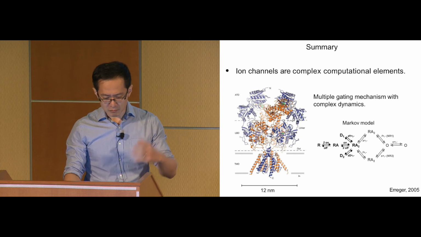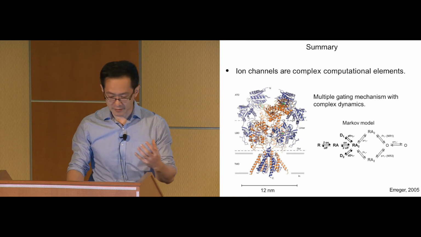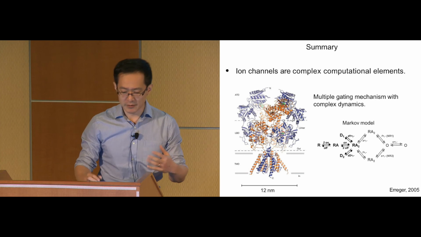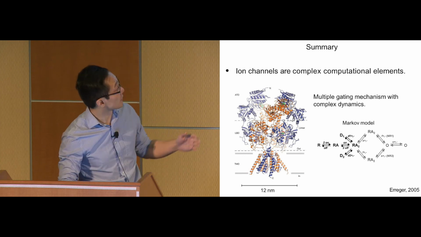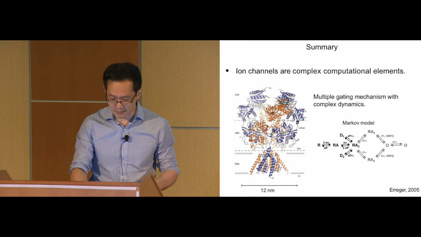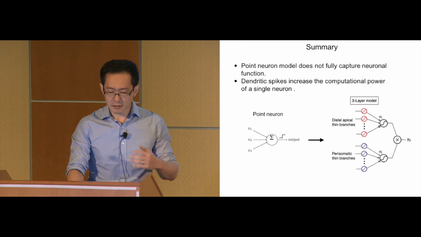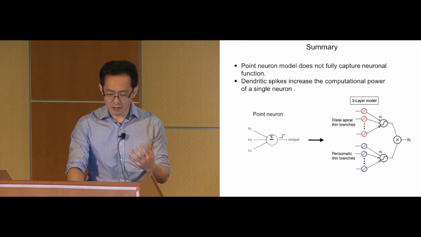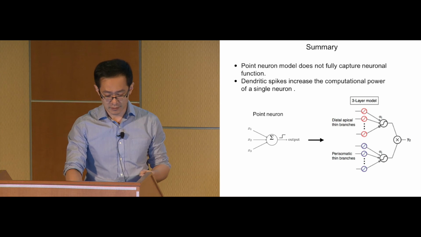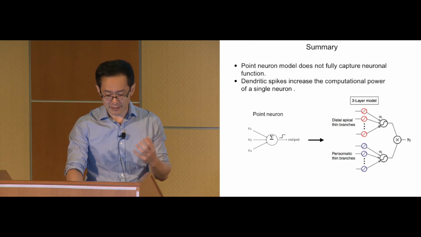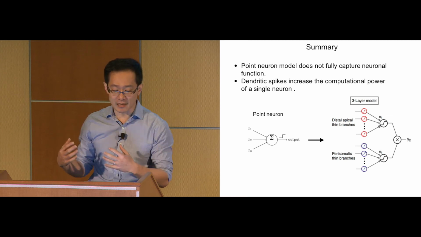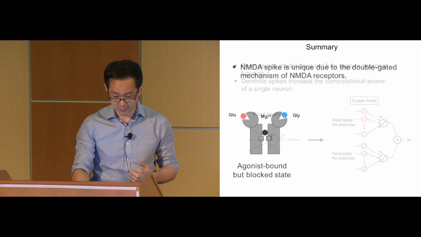And its behavior is very complex. We typically describe this behavior by a Markov model that looks like this. It contains many states. And the second is, the point neuron model does not fully capture neuronal function, and dendritic spikes can really increase the computational power of a single neuron.